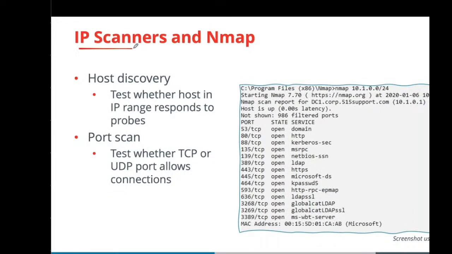Then there are IP scanners, and Nmap is the name. Whenever you go for IP scanning, there's only one name that people talk about, that is Nmap. Now, scanning a network using tools like ping is time-consuming, non-stealthy, and does not return detailed results.